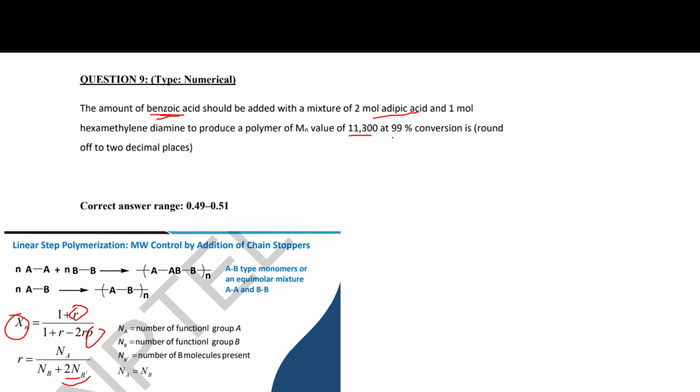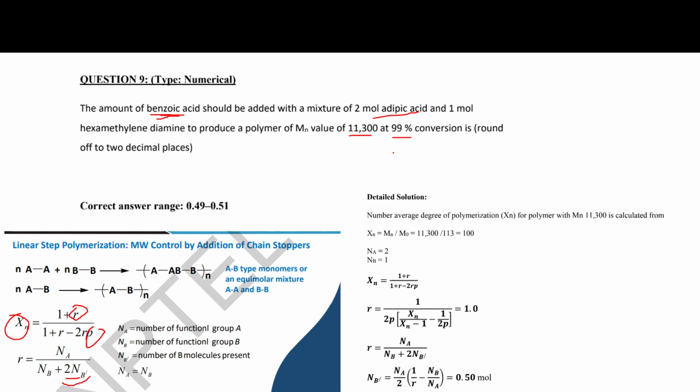You know its conversion, so you can easily calculate its reactivity ratio, which will come around 1 or something. Now Na is given as 2 mole, Nb is given as 1 mole, and you have to find out how much benzoic acid you need to add.